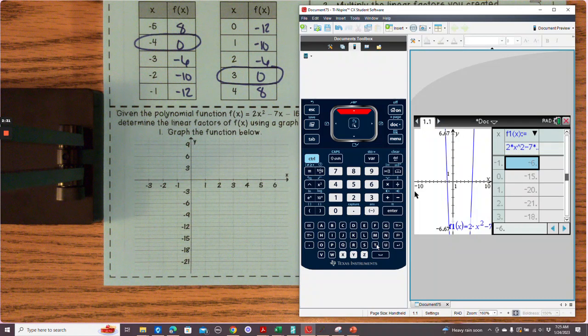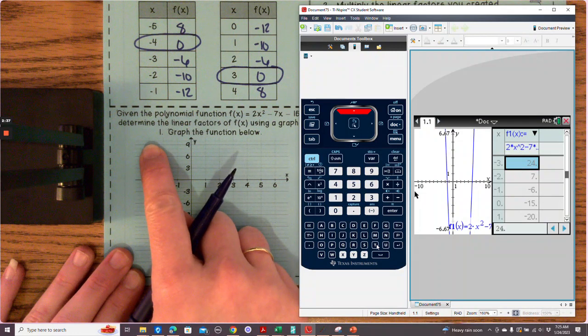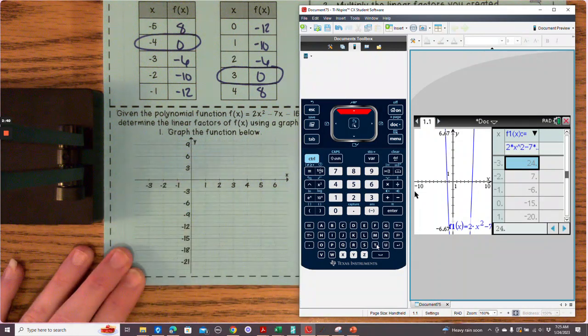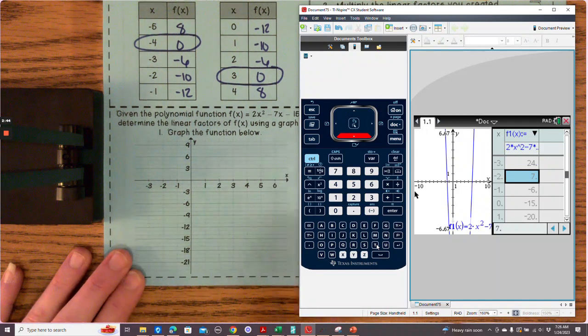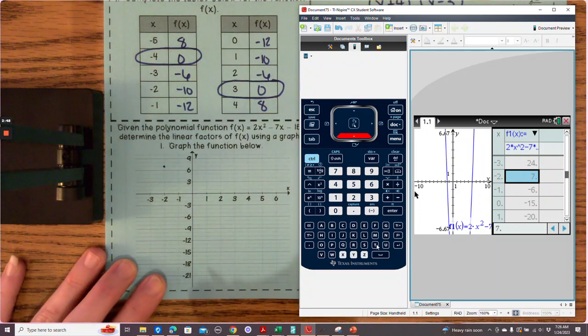Okay? So we go all the way to negative 3. So when x is negative 3, y is 24. Well, that doesn't work. Okay, when x is negative 2, y is 7. So I can do that one. Negative 2, 7. There's a dot there.